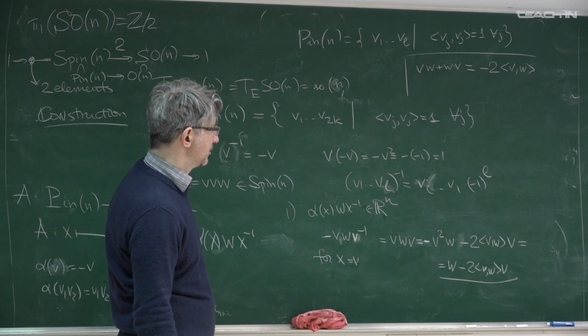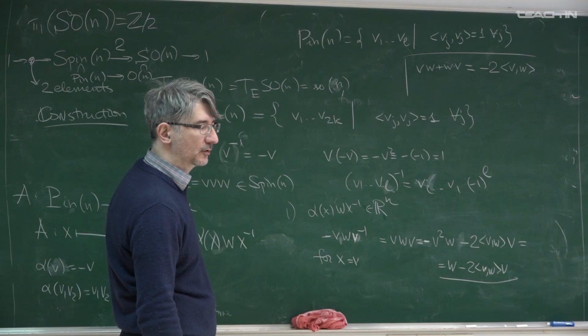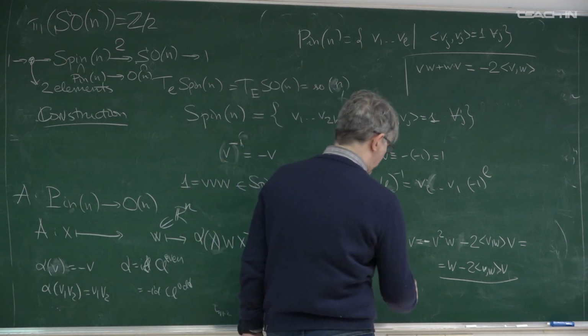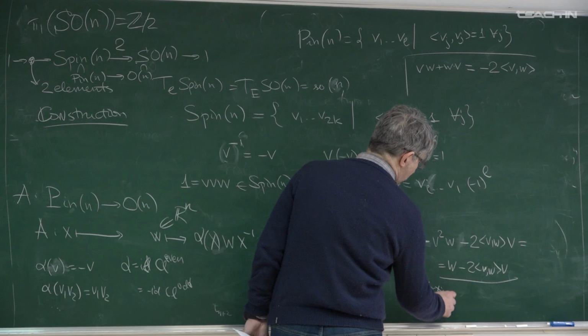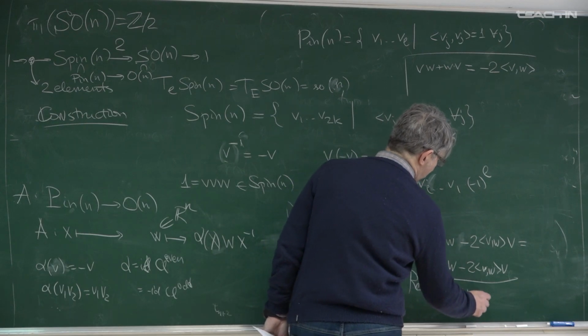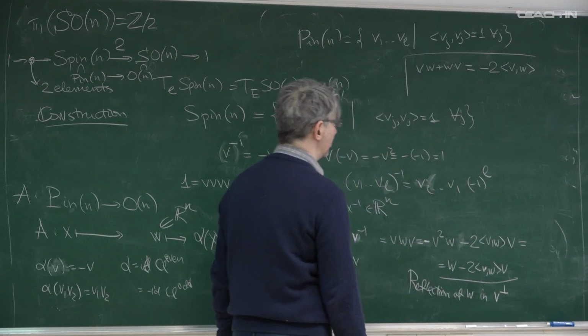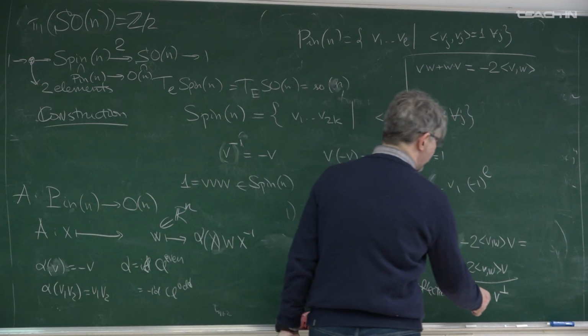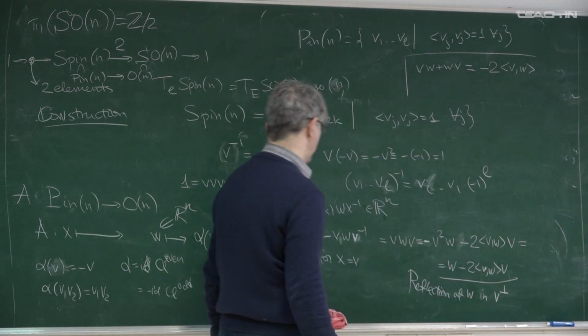This is a reflection of the vector w in the hyperplane which is orthogonal to v.